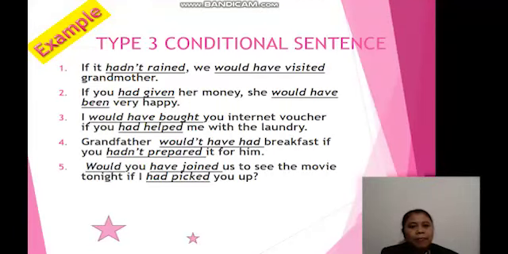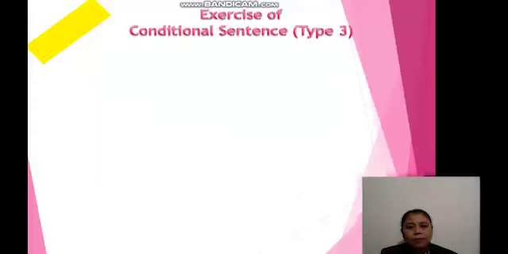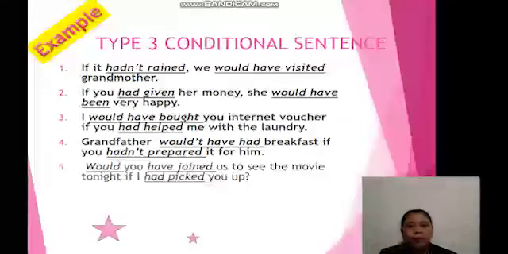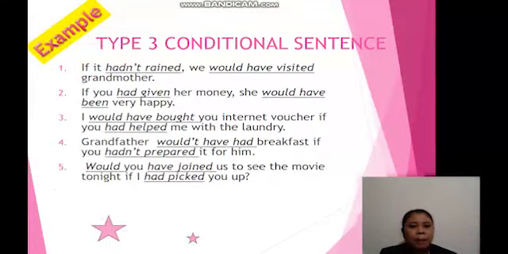Number 2, if you had given her money, she would have been, okay, we use been here, be careful, she would have been very happy.